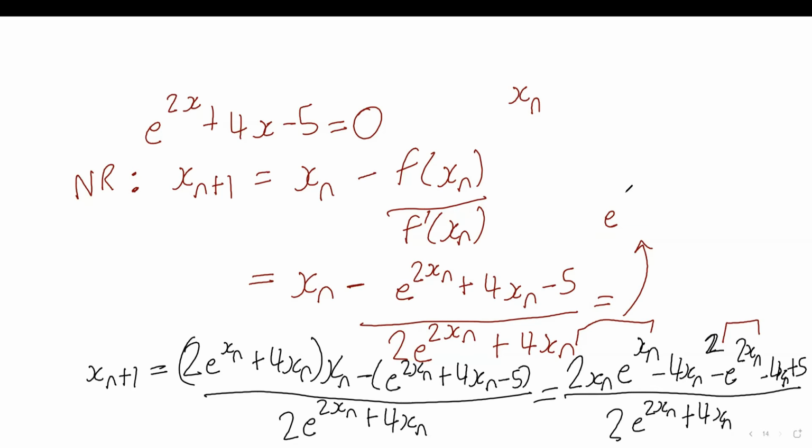They factored out e to the xn. Then we're left back with, from this side, 2xn, factored out e to the xn, minus, factor out e to the xn from this, we're left back with minus e to the xn from this.